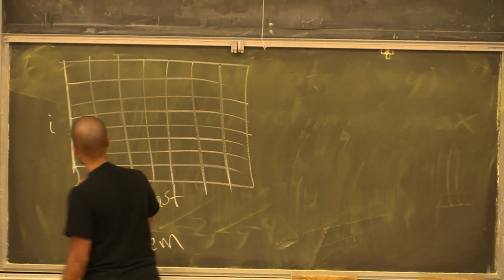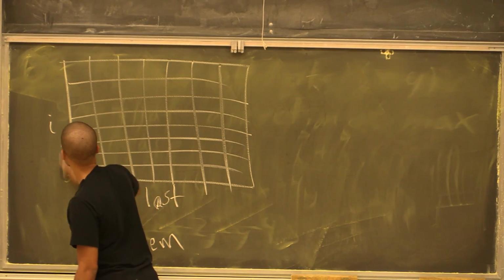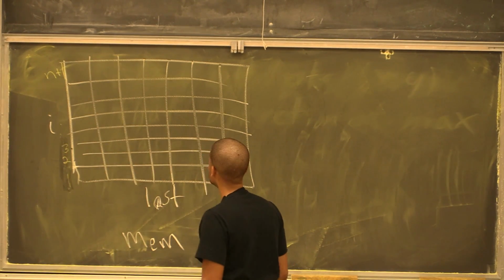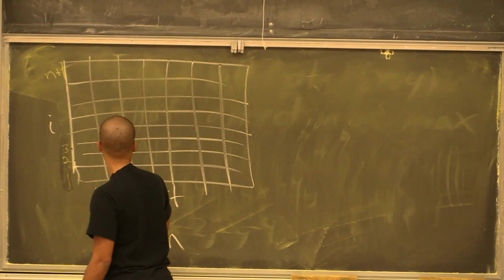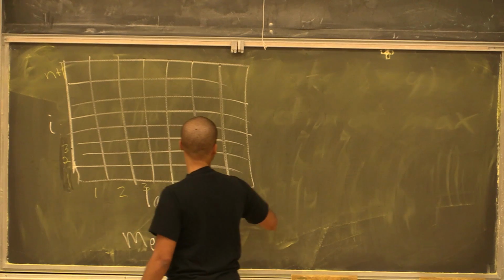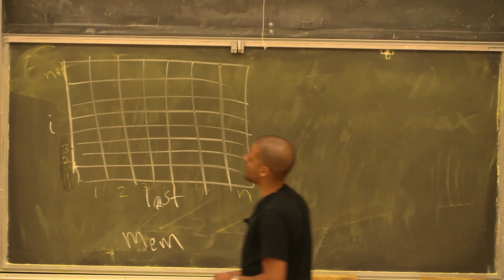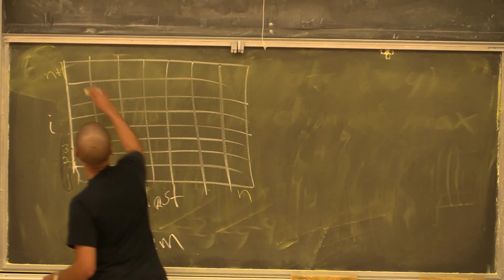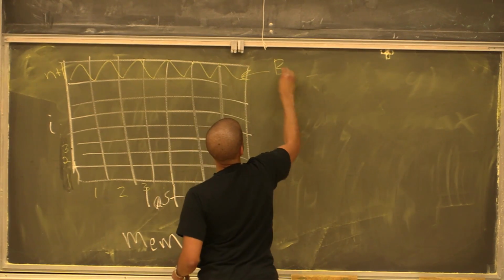I is equal to 1, 2, 3 up to n plus 1. And last is anything between 1, 2, 3 up to n. The base case is when I is equal to n plus 1, so all of this stuff is the base case.